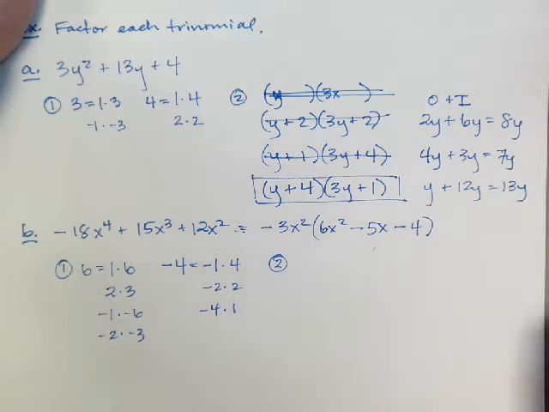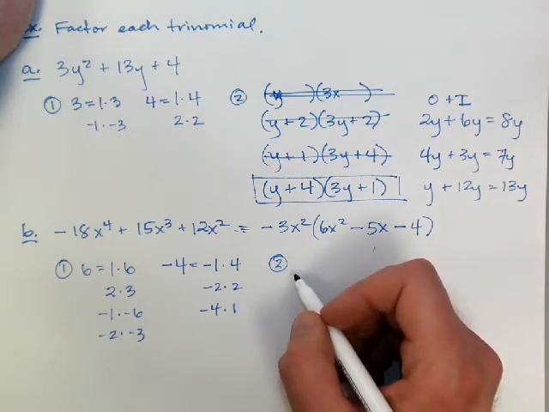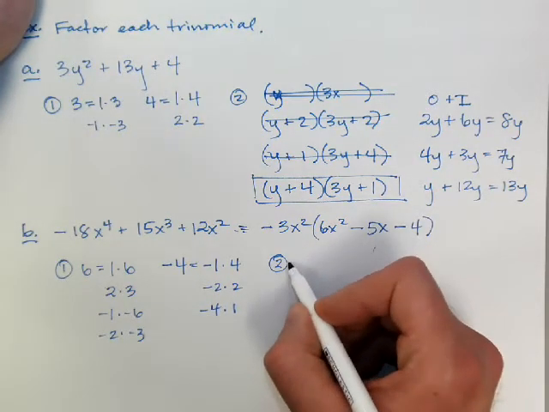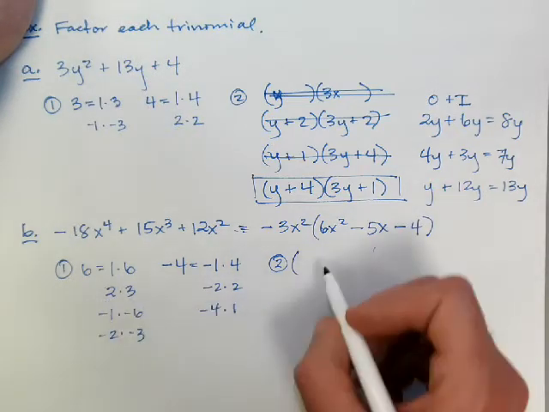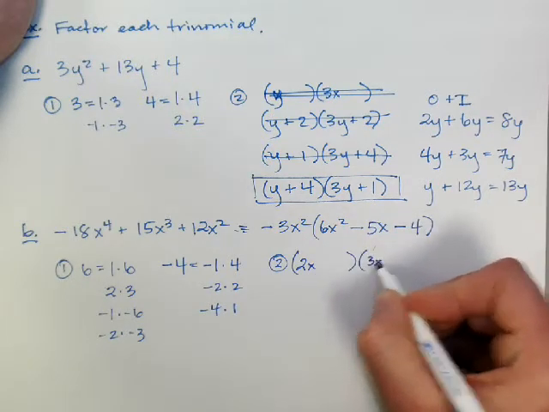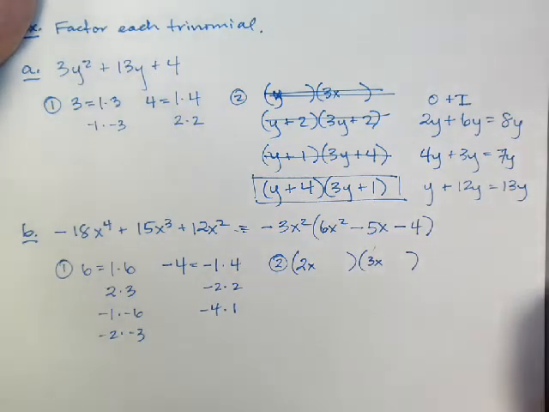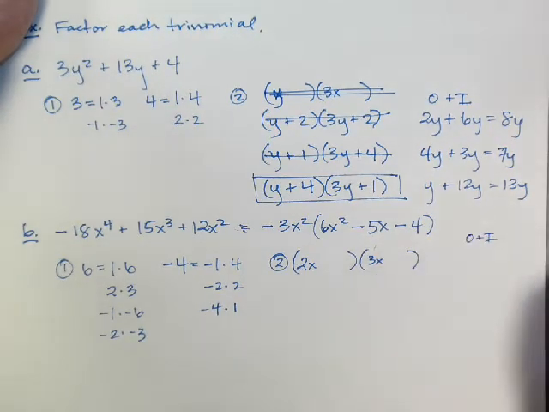All right, now doing our trial and error thing. So I'm going to aim for kind of the middle. Maybe pick the 2 and the 3. And then we'll test out combinations of constant terms.